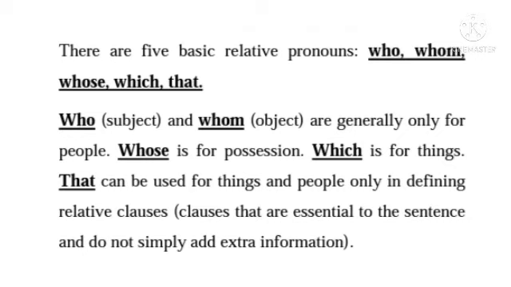Who and whom are generally used for people. Whose is for possession. Which is for things. That can be used for things and for people, but only in defining relative clauses.